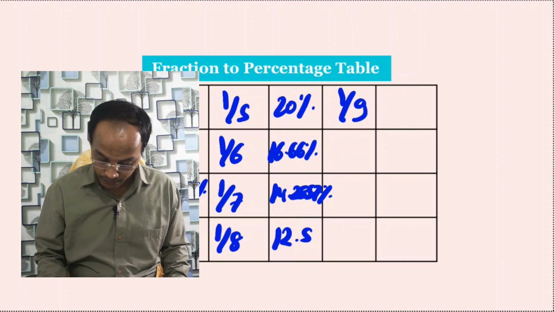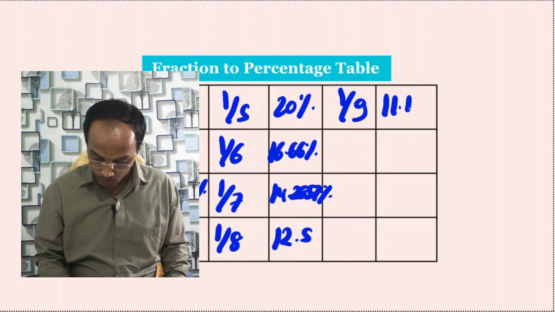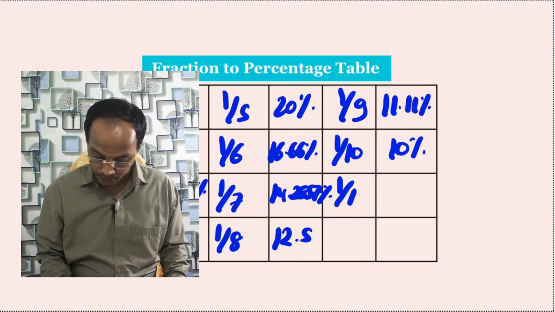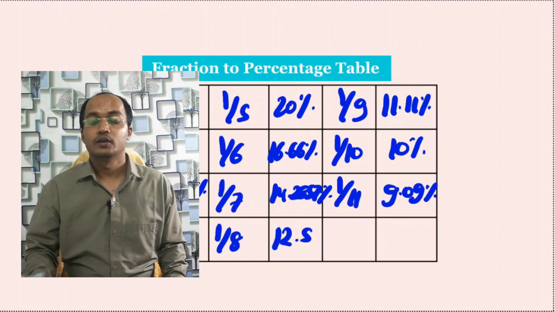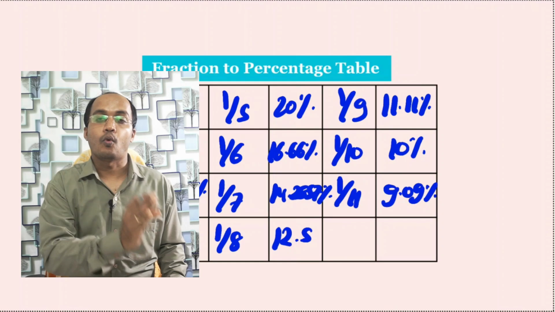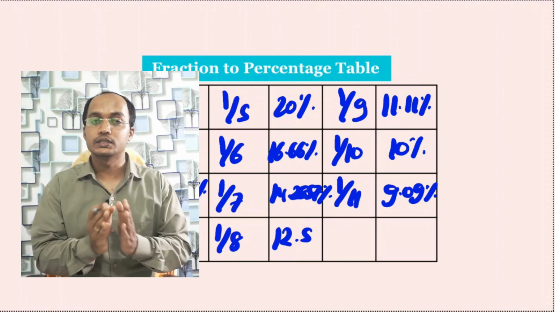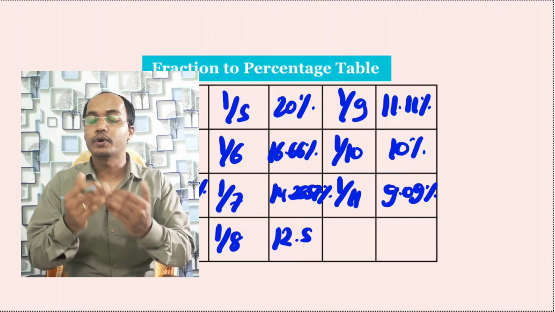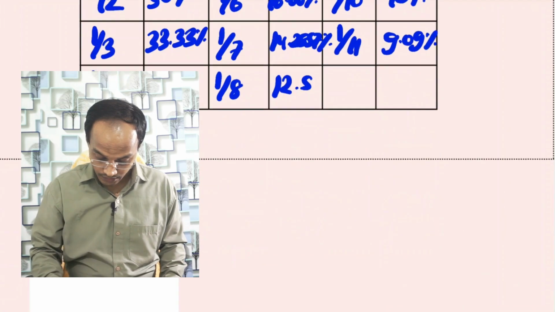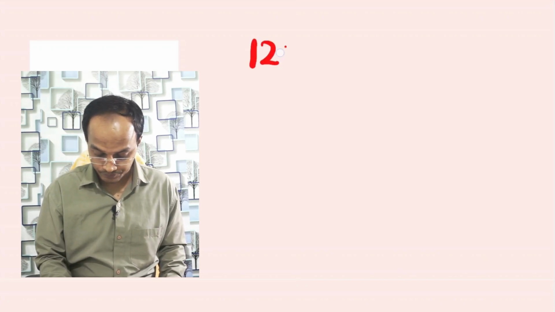1 by 9 will be 11.11%. 1 by 10 will be 10%. 1 by 11 will be 9.09%. So you have to remember from 1 to 1 by 10 because it will make your calculation easy. Now, if we take the vice versa, for easy calculation, we take one example. Just imagine 120.